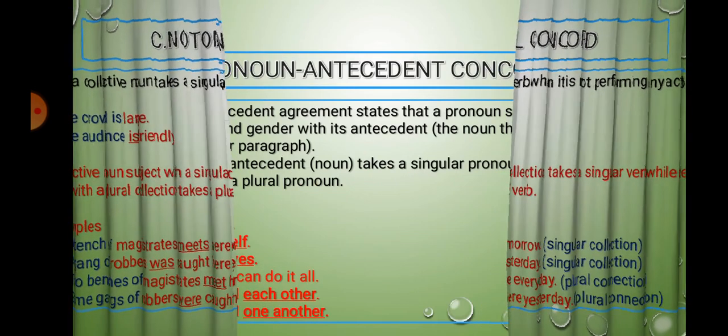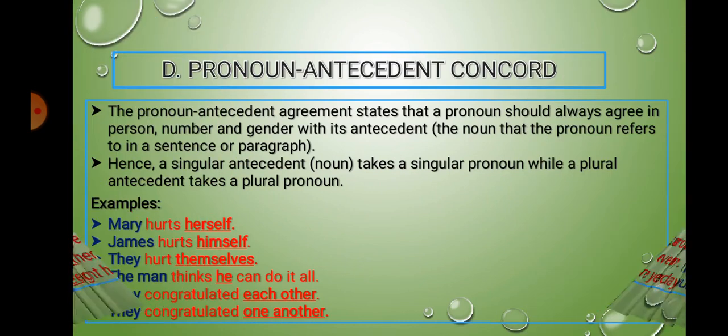Another type of concord is what we refer to as pronoun antecedent concord. The pronoun antecedent agreement states that a pronoun should always agree in person, number, and gender with its antecedents. Person, whether singular or plural; number, whether many or few or one.